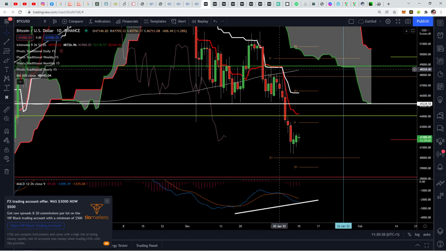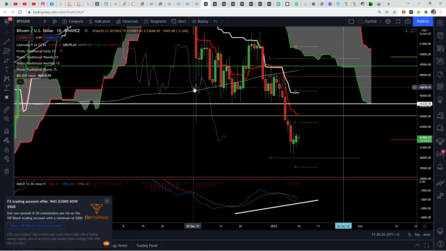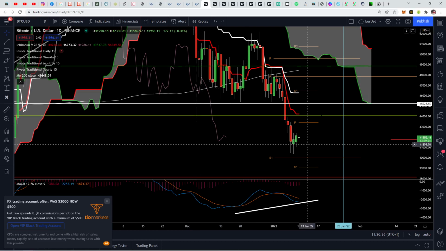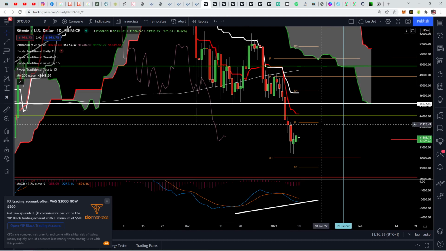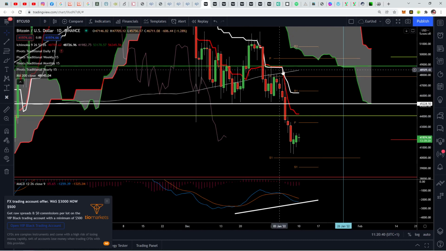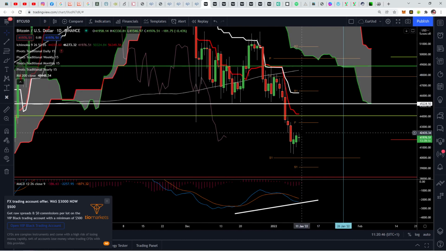We were way oversold here in comparison to the slope of the SMA 200, and for that reason only, it's quite logical and also likely that we will see a bounce, because this line acts like a gravity, especially if it's moving upwards.